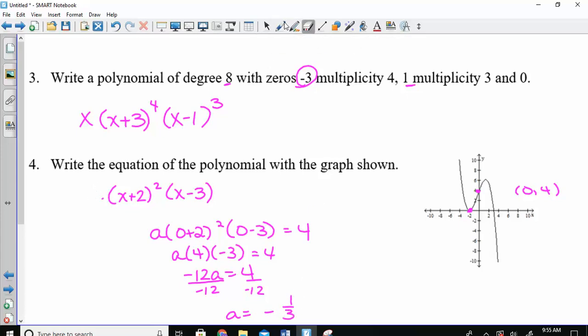So our final polynomial is negative 1/3 times x plus 2 squared times x minus 3. So far, so good?